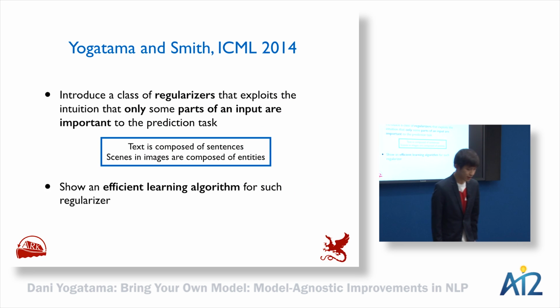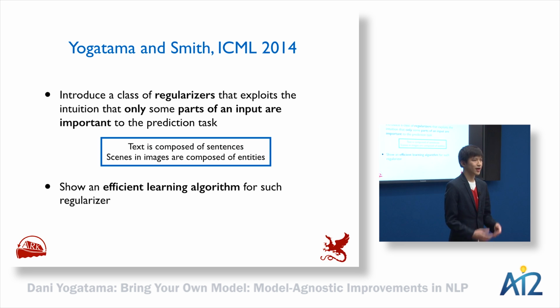So that's basically what we did. We introduced a class of regularization functions that exploits the intuition that only some parts of an input are relevant to the prediction task. So in our case, we have text. Text consists of multiple sentences, and we know only a subset of the sentences are relevant to the prediction task, right?